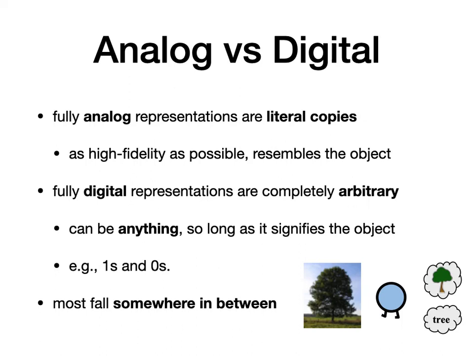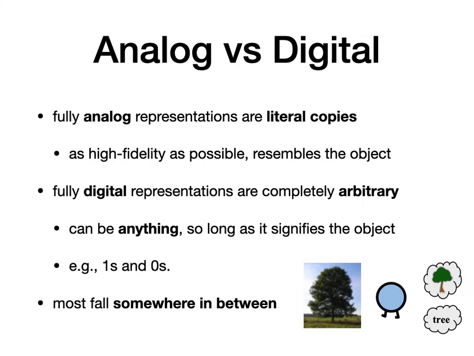Not really useful because that's not really abstraction, that's not really lightening any kind of load, right? But on the other hand, a fully digital representation is just totally arbitrary. It can be anything so long as it signifies the object, ones and zeros. A light being on versus a light being off in the fish example from last time. It's meaningless until the fish ties the information to something else, right?